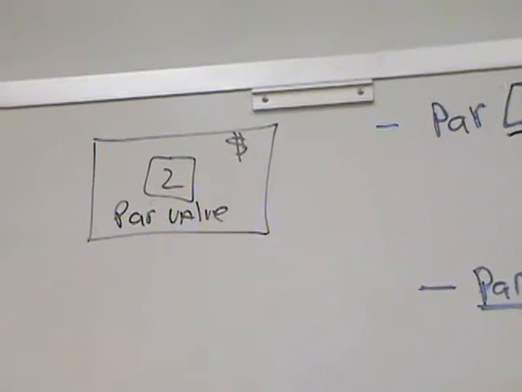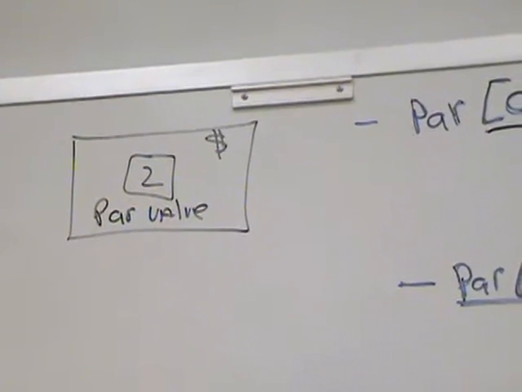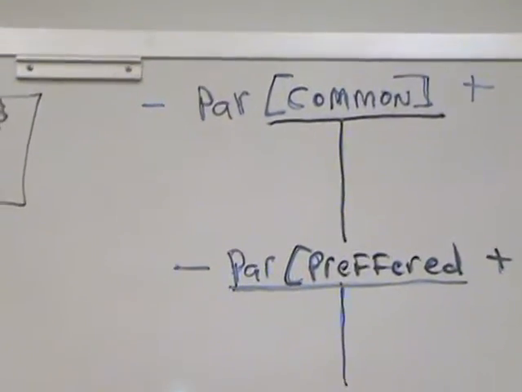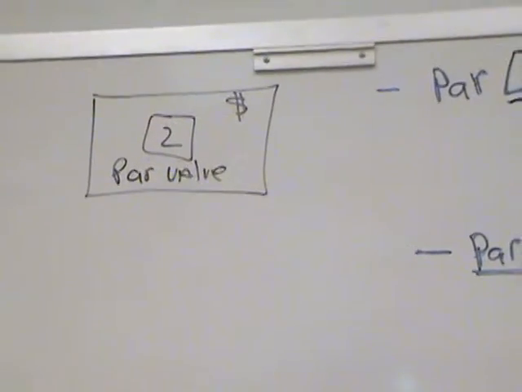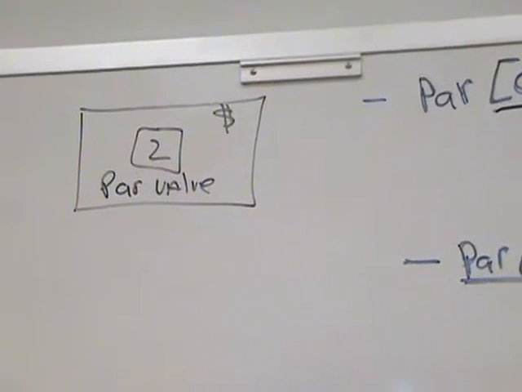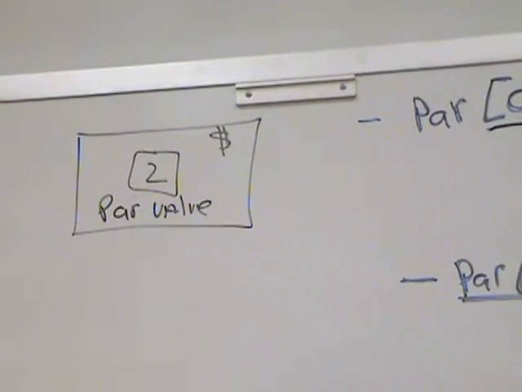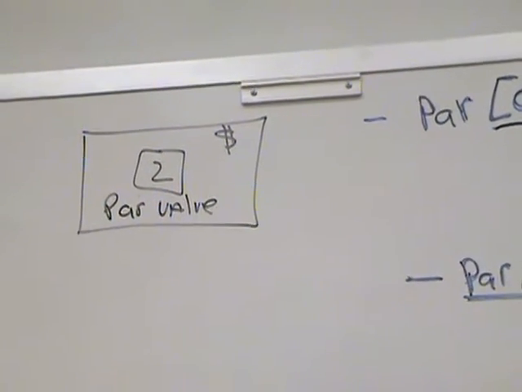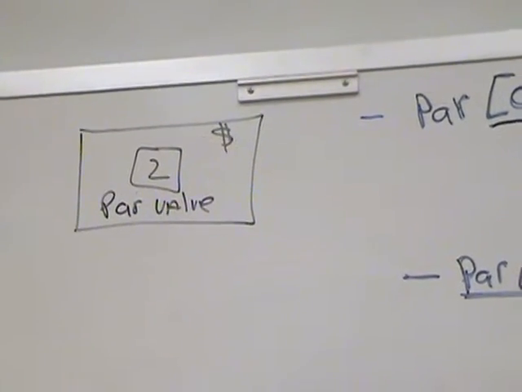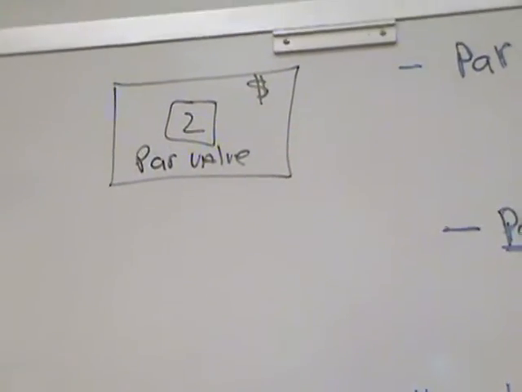So the first thing that happened was, read to us, Anna, on January the 10th it says what? It is authorized to issue 10,000 shares of 8%, $100 par value preferred stock, and 500,000 shares of non-par common stock with a stated value of $2 per share. Okay, right.